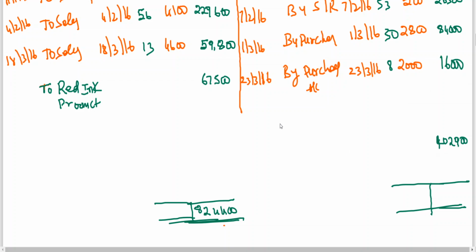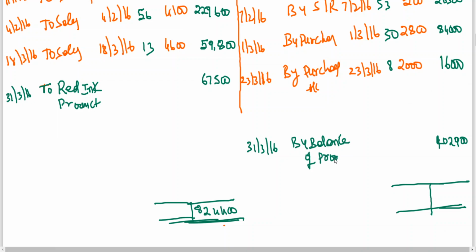What is the date here? 31st March 16. Here also you can write date 31st March 16. By balance of product.